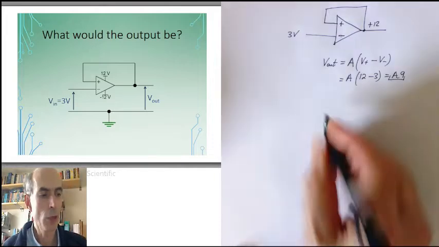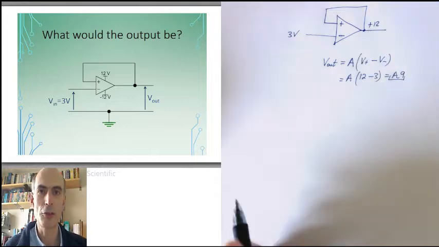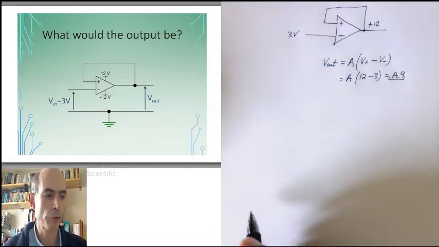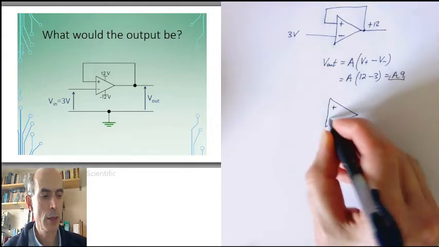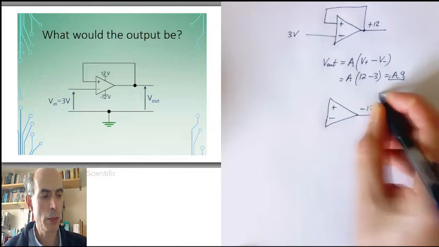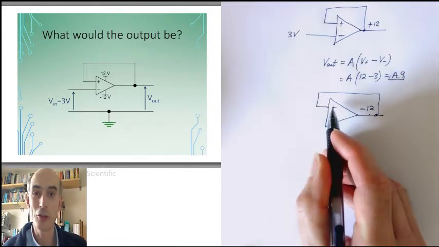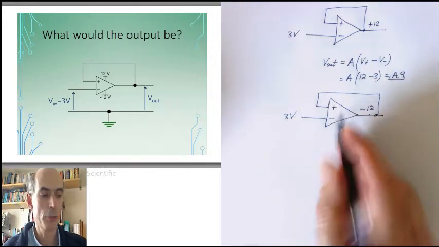However, consider what would happen if the op-amp's output was in negative saturation, at minus 12 volts. In that case, we would have this situation. Minus 12 volts on the output, which would mean minus 12 volts on the non-inverting input. We've still got 3 volts on the inverting input.